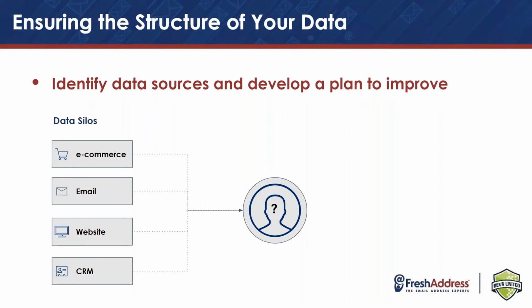So migrating to a new email marketing platform is really a great opportunity to realize if we are having issues with identifying our single source of truth, but also it's a really good opportunity to map the architecture of how my data is going to live in this email marketing platform.